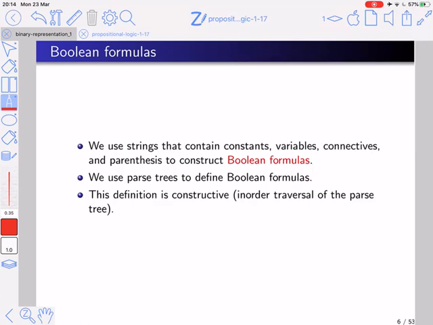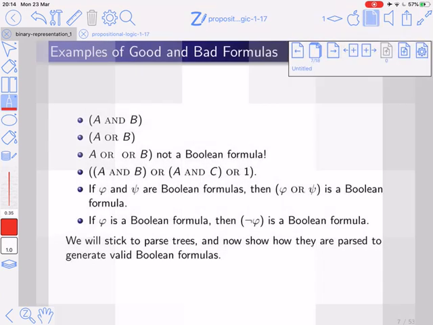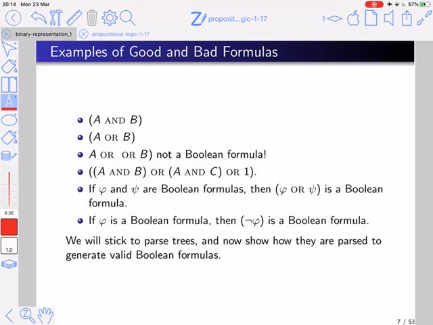Now, the definition that goes from a parse tree to a Boolean formula is constructive. It will use a method called in-order traversal of a parse tree. For those of you who do not know what in-order traversal of a parse tree is, I will define it shortly.